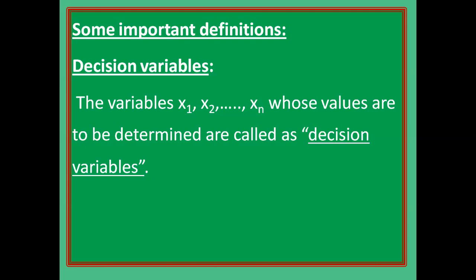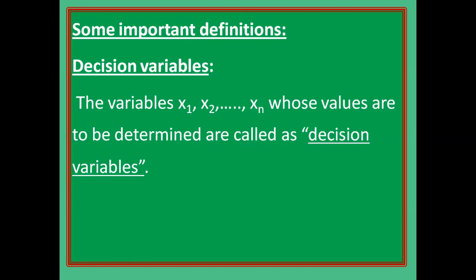Using any method, either graphical method or simplex method, whenever we are solving for solution of linear programming problem as an answer, then we will be ending up with values of decision variables.